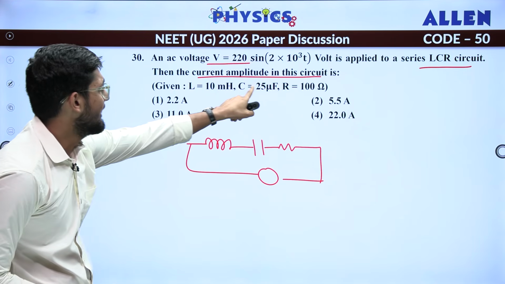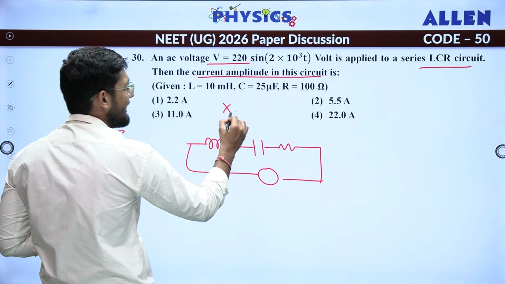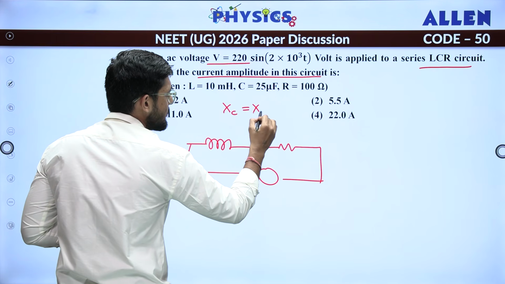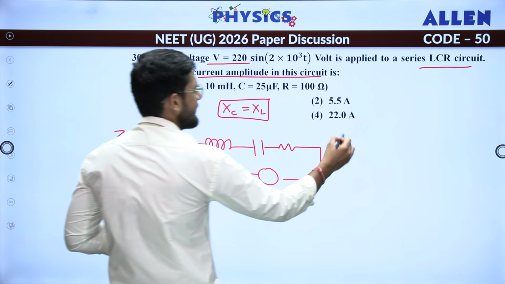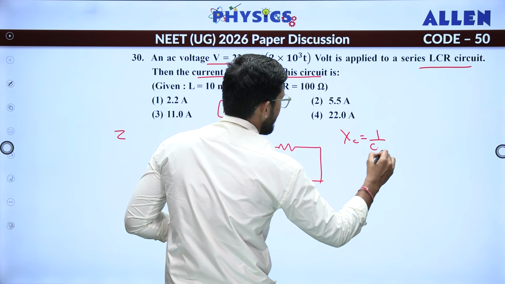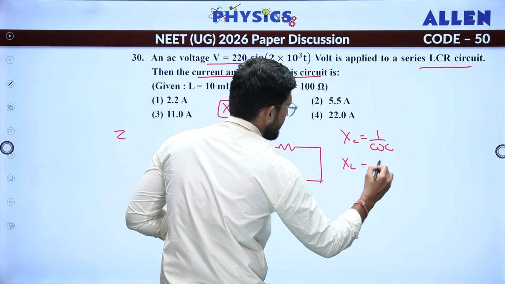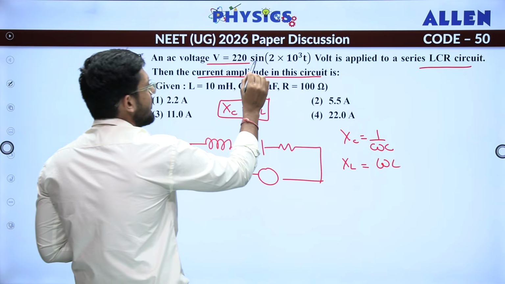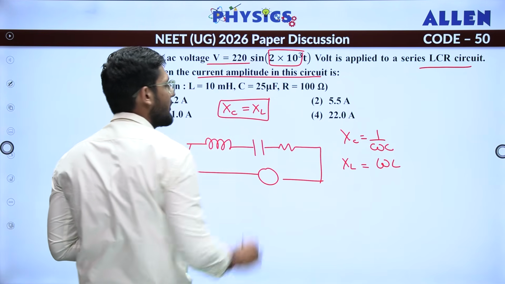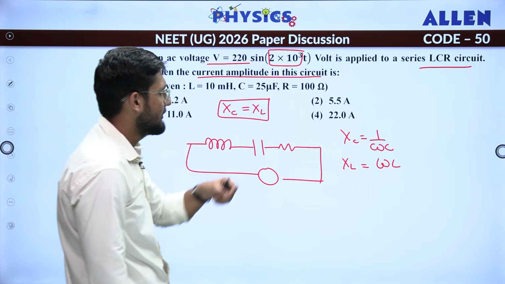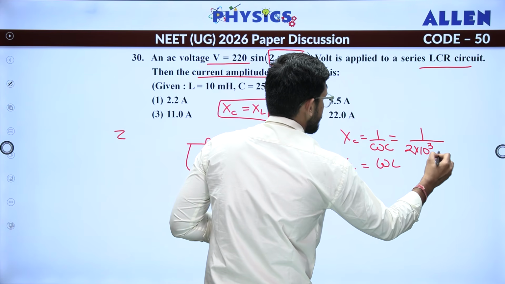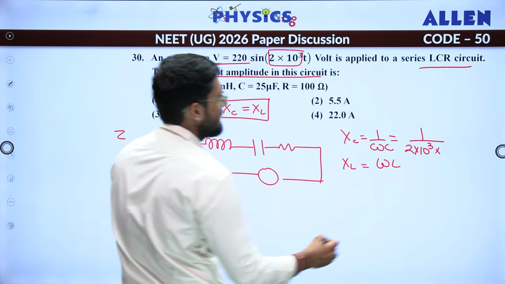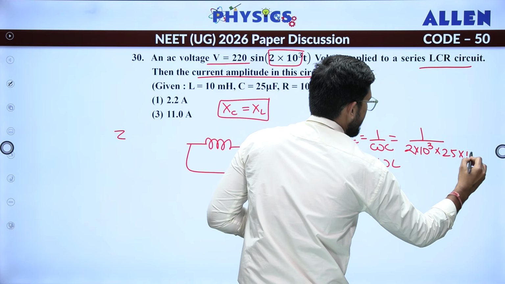If you look carefully, the value of XC will be equal to the value of XL in this case, right? XC is 1 by omega C, XL is omega L. The value of omega is 2 into 10 to the power 3. Put that value, you'll get 1 by 2 into 10 to the power 3 times C, which is 25 into 10 to the power minus 6.